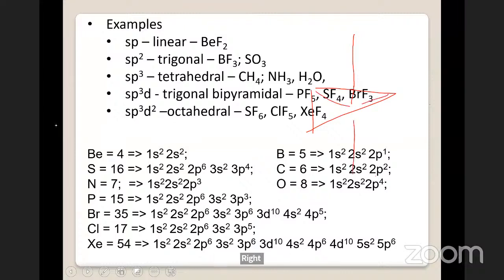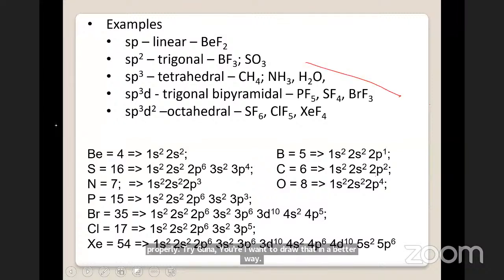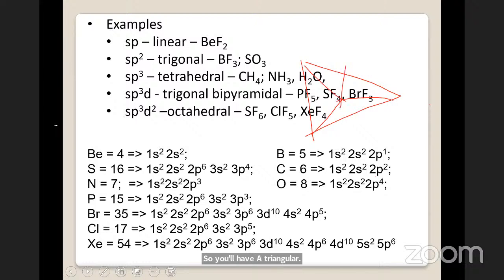So trigonal bipyramidal. Sorry, that diagram, I need to draw it properly. I want to draw that in a better way. So you have a triangular shape like that, and you have that. So your phosphorus is at the center, and your fluorine, fluorine, fluorine, fluorine, and fluorine will come here.